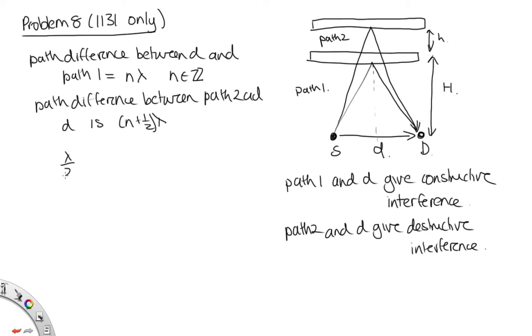So lambda over 2 is equal to the length of path 2 minus path 1. So now to work out lambda, we can just substitute into this equation.